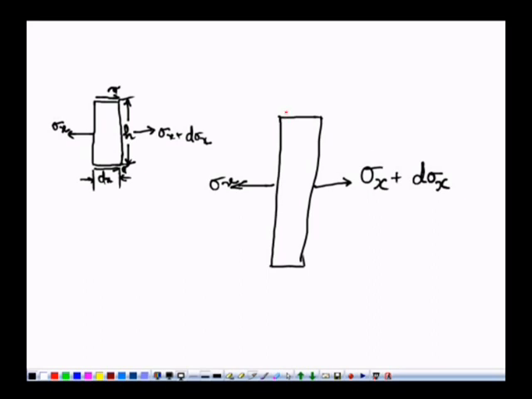On the right-hand side and the above side there is a frictional stress, that is tau. Similarly, here below also we have tau, its direction is from left to right, and the thickness is dx.